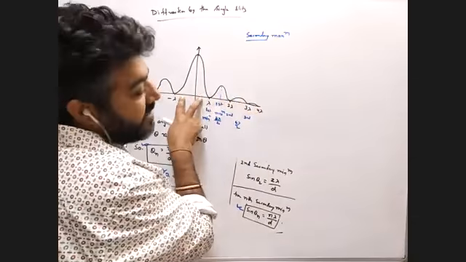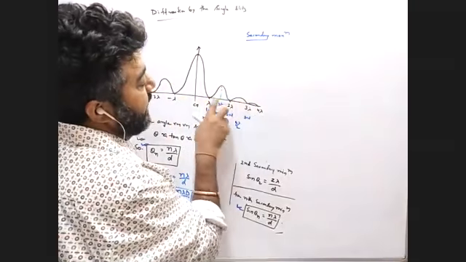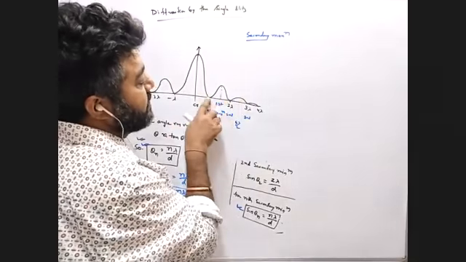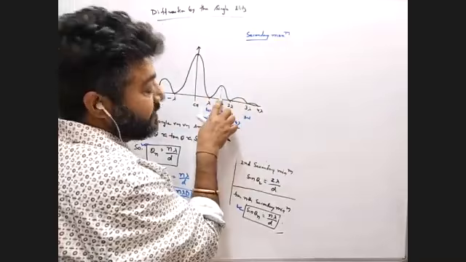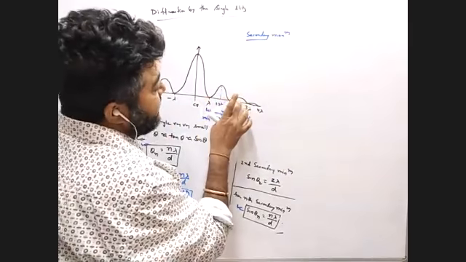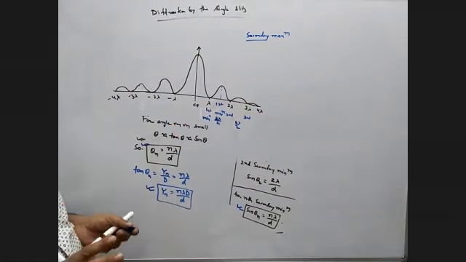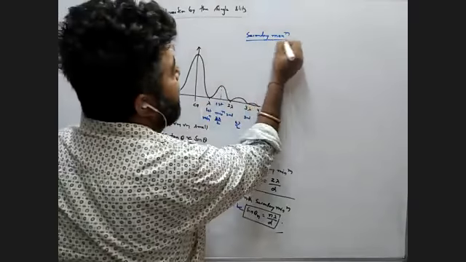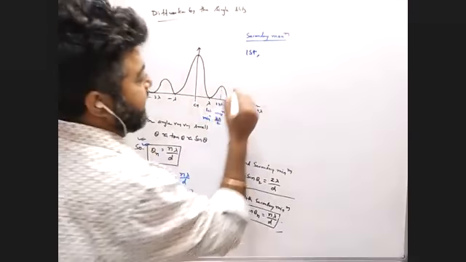So this is the central maxima, and then secondary maxima, and these are the secondary minima. This is the first secondary minima, second secondary minima, third secondary minima, and so on. This is the first secondary maxima, second secondary maxima, and this one is the central maxima. Is it clear? So for secondary maxima, if we write the first, what can we write?